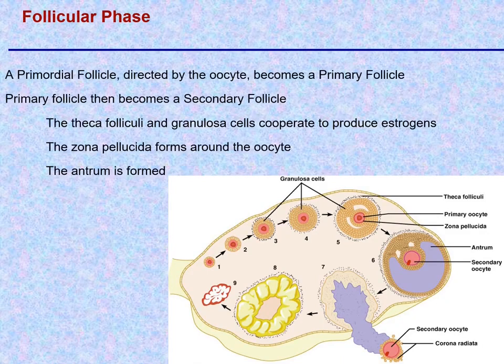Let's go through the follicular phase. As I said, you start with a primordial follicle. A single one matures each month and becomes a primary follicle, which then goes on to a secondary follicle. The cells around it now are not called follicle cells, but granulosa cells.